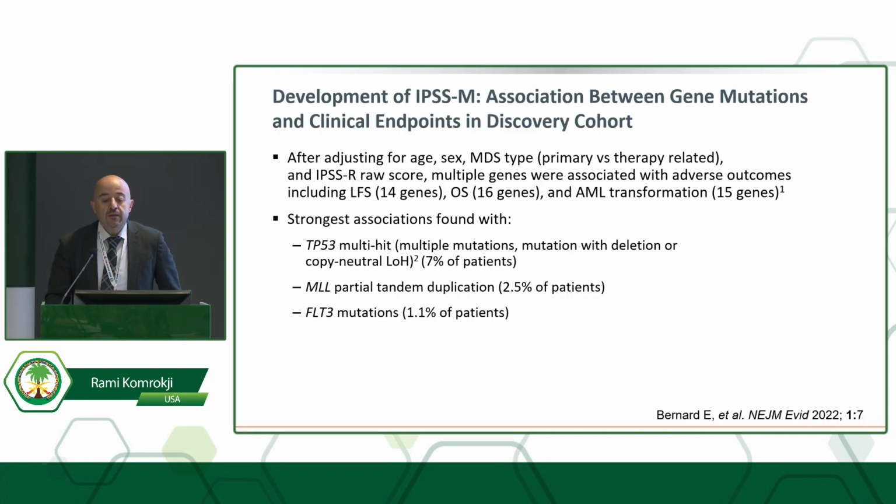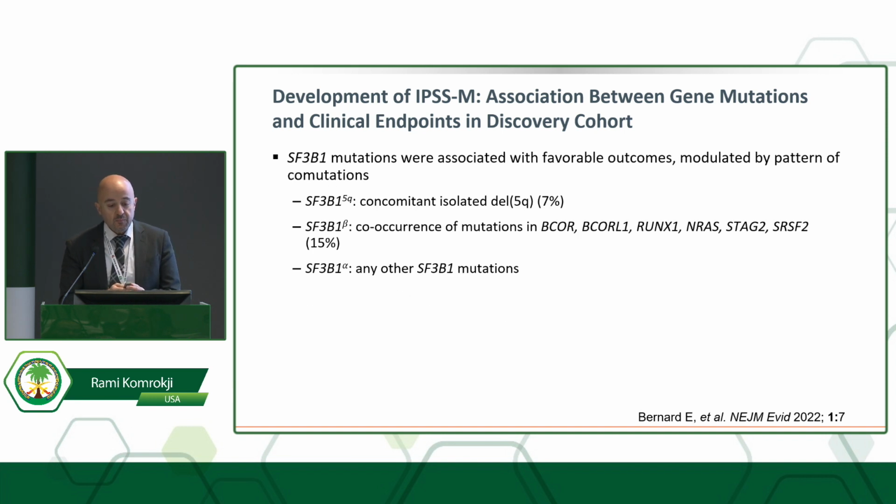So what we learned through this is basically that certain mutations are really associated with worse outcome, not surprisingly the TP53, and the MLL tandem duplication, which is really not available in commercial labs at this point, was something we learned through this. And also a small subset of MDS patients will have the FLT3 mutation and have bad outcome. Also, we learned that even good mutations like the SF3B1 are dependent on the context of the co-mutations.